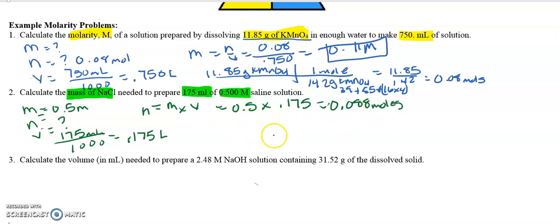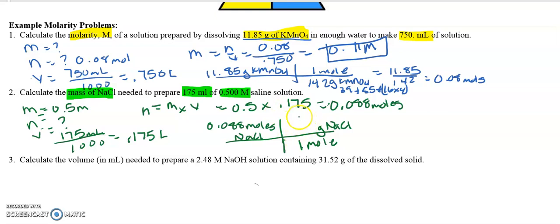I'm going to take that value and convert it to mass, so I have to find the molar mass of sodium chloride. So I know 1 mole goes on the bottom, and my molar mass will go here. If I calculate the molar mass by adding 35 and 23, then I get a molar mass of 58.